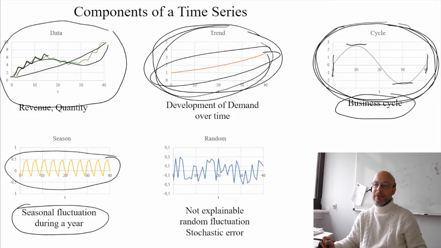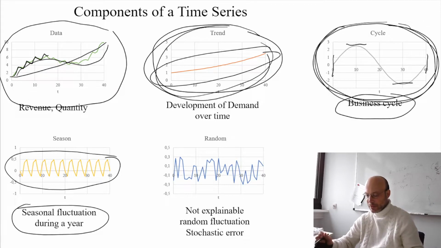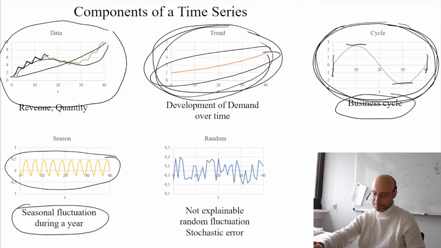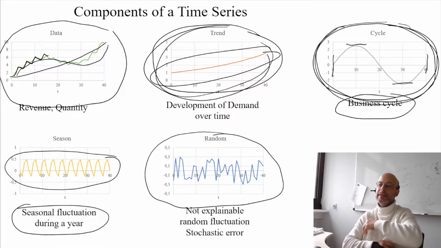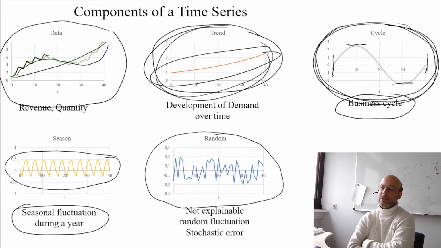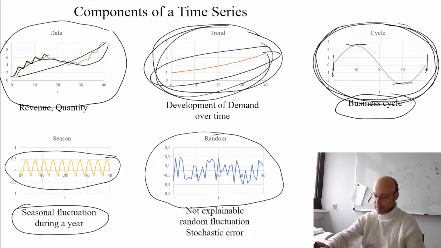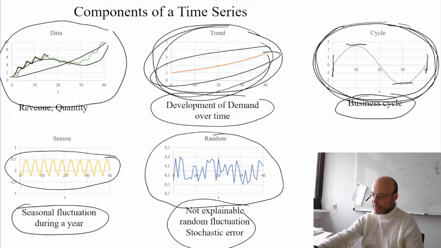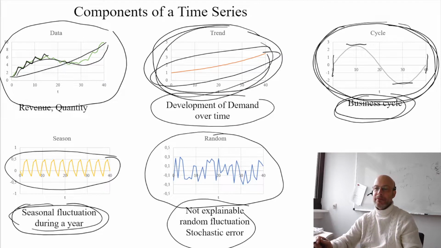our world is not a totally deterministic world, it's not a totally static world. And of course, we will always have in economic data also some random component which we could not explain via, for example, a long-term trend, a business cycle, or seasonal fluctuations.